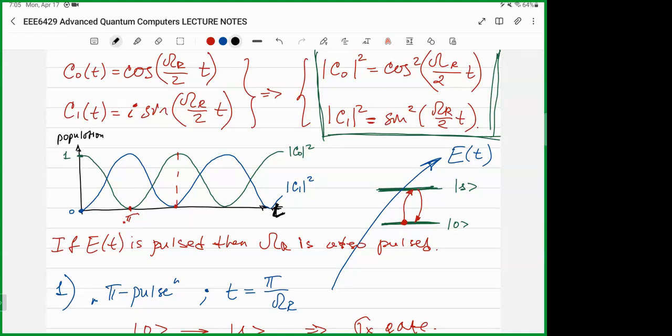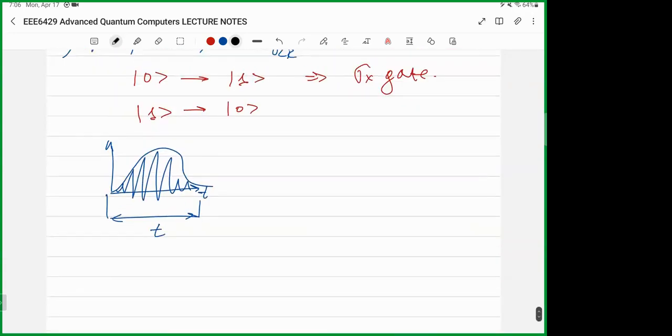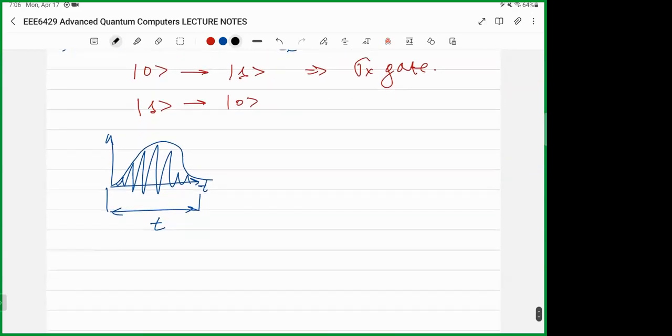And this is the Rabi oscillations. So in order to prepare the qubit in a particular state, you have to stop your excitation at some point. You can stop your excitation at different time moments, and this will leave your qubit in a different state. So this is about the pi pulse.